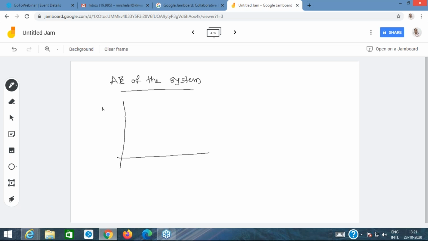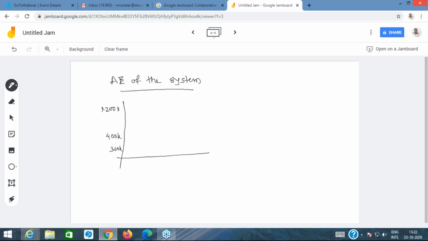The source temperature is 1200 Kelvin, but I am not bothered about it now. I am bothered about the system temperature, which is 400 Kelvin, and the dead state temperature, which is 300 Kelvin.